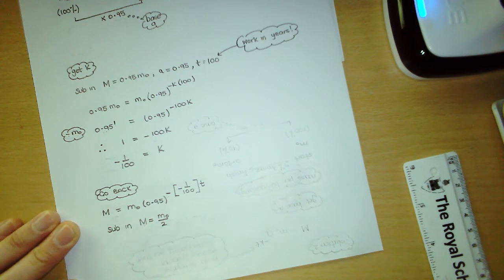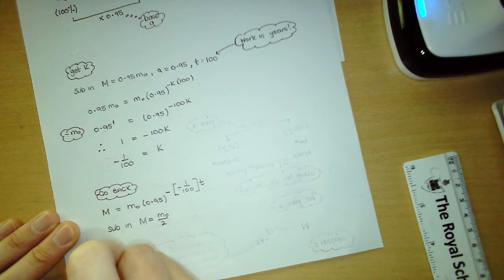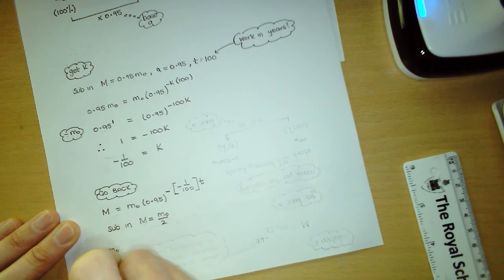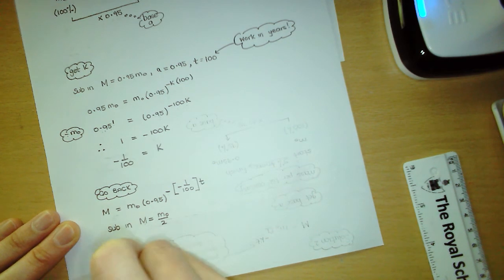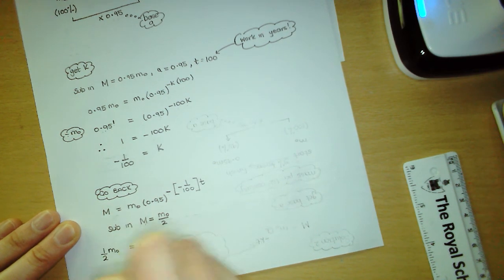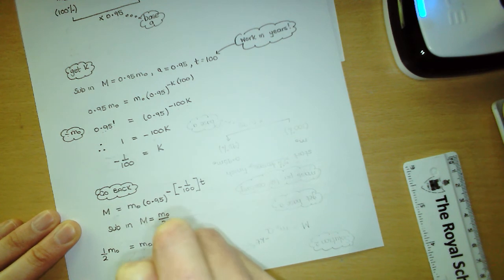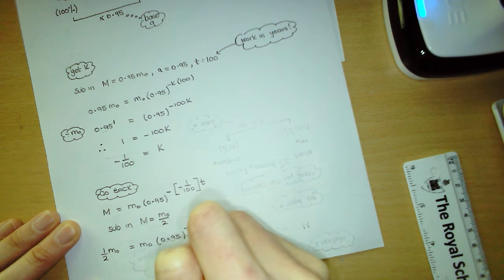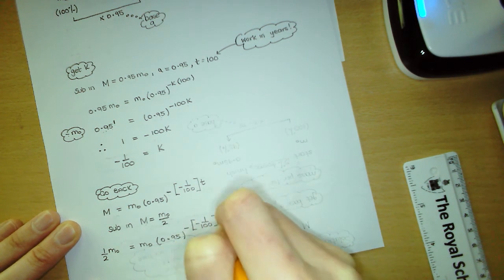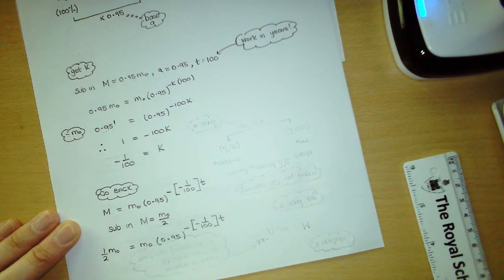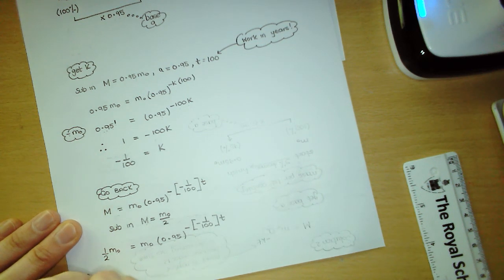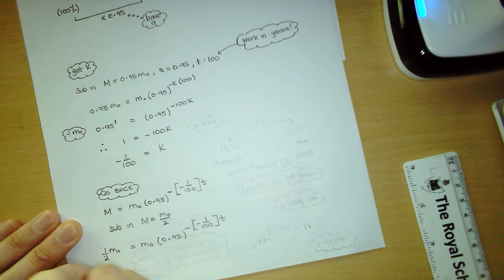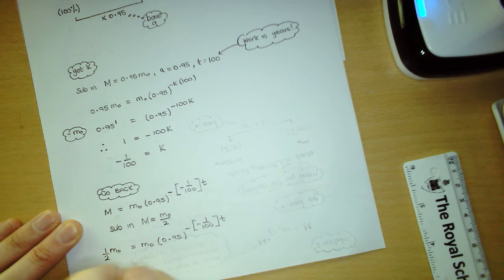Find t. So we're going to get M0 over 2, or a half M0, is equal to M0 times 0.95, and that's to the power of negative, and then in brackets negative 1 over 100, multiplied by t. Now the beauty about it is, again, the M0s cancel out, so we're going to divide through by M0. So we're just going to end up with a half.